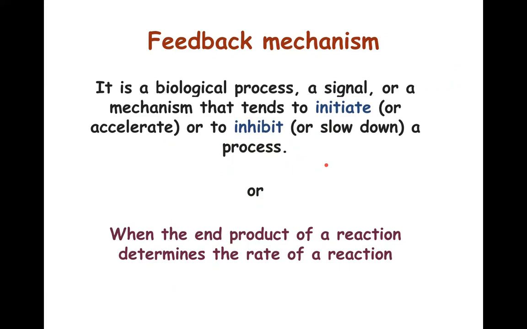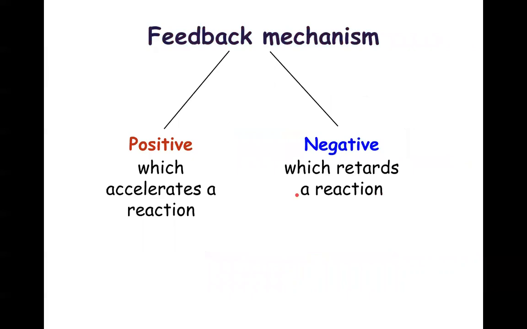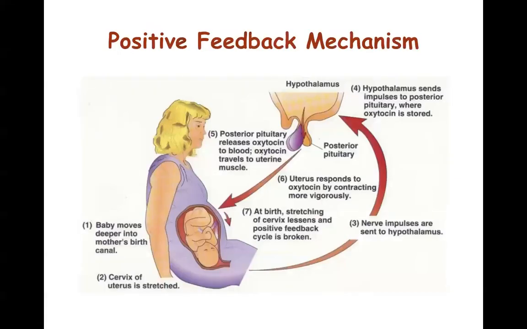A feedback mechanism will decide whether the rate should increase or whether the speed of reaction should decrease. So the feedback mechanism can be of two types, positive and negative. A positive feedback is that which accelerates a reaction, and a negative feedback is that which retards or slows down a reaction.